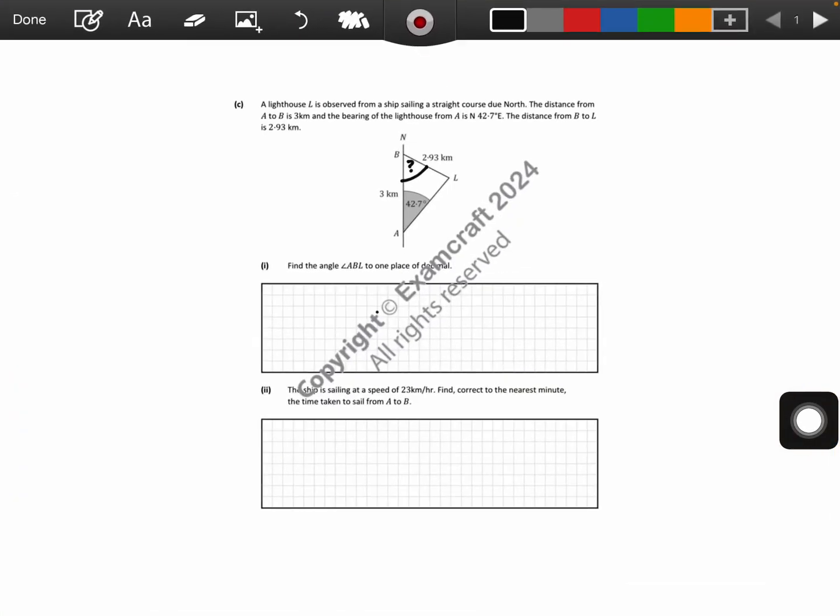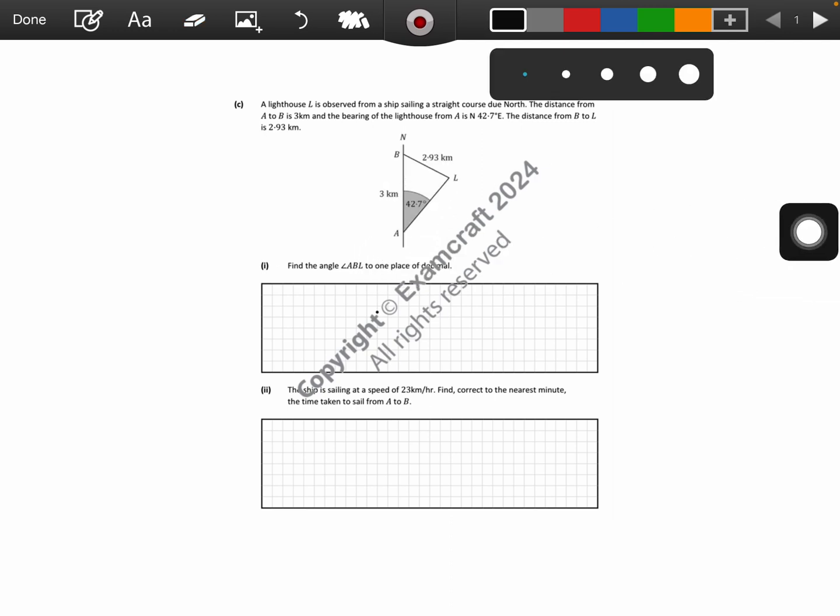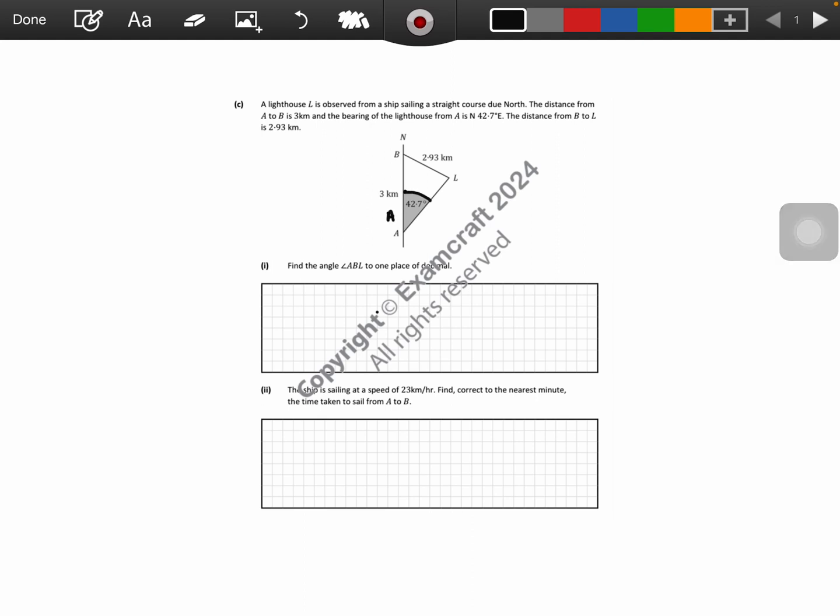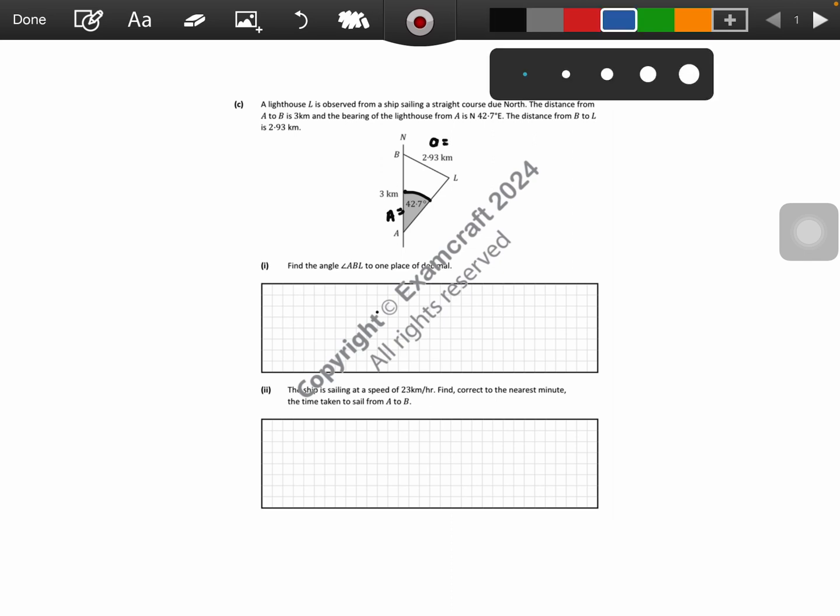Okay, so when we use the sine rule, we are going to use this angle with its opposite side. So we could call that angle A, and then the opposite side would be small a. Then the other side that we have is B.